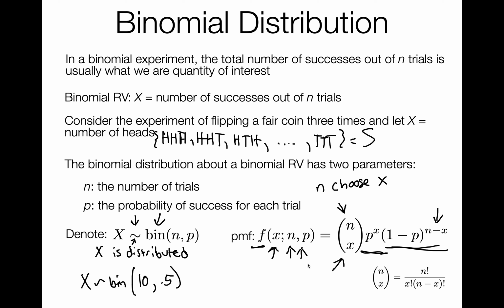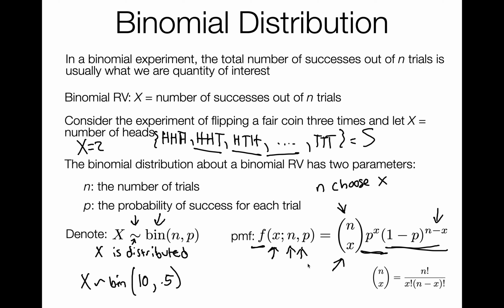If we look back previously at our simple one, tossing a fair coin 3 times, x equaling 2 can happen, 2 heads, but how many ways? There would be 2 heads and 1 tail. How many ways does that happen? Well, it happens more than once, right? It's heads, heads, tails, heads, tails, heads, and then the third one would be tails, heads, heads.